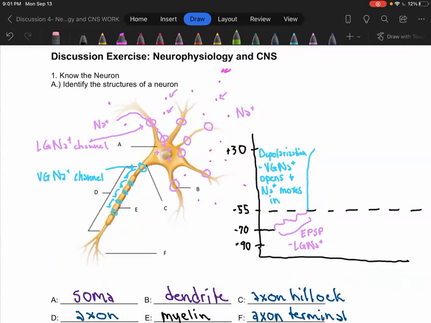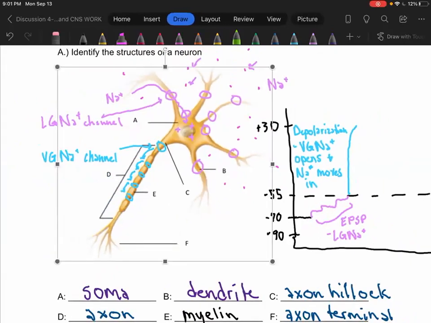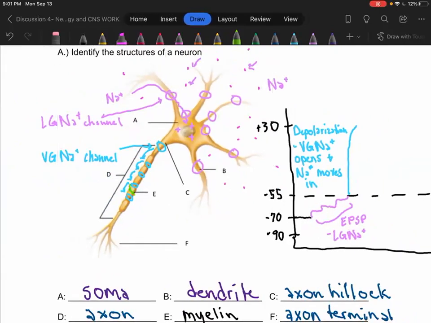And once that sodium moves down, we're going to have the opening of some voltage-gated potassium channels. I will represent that here. I'm drawing little Ks. You can't really see them. They also would not exist on the myelin. They would exist in those nodes of Ranvier in between the myelin, but I don't really have space to draw that out.